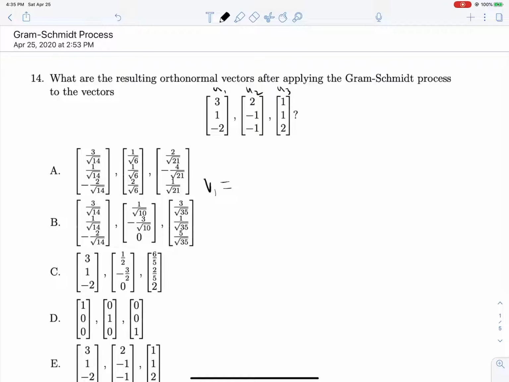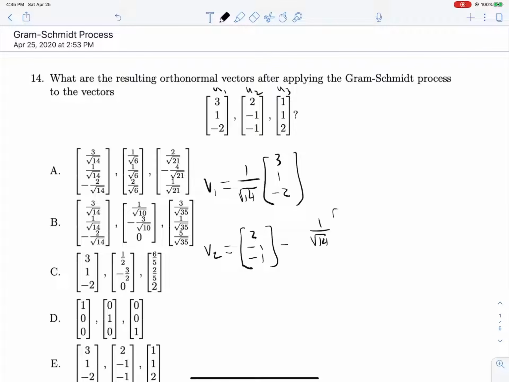V1 is just 1 over the magnitude of U1, which is 9, 13, 14, so root 14 multiplied by 3, 1, negative 2. V2 is U2, 2, negative 1, minus the projection of U2 onto V1. So that will be V1 dot U2, so 1 over root 14 multiplied by 3, 1, negative 2.